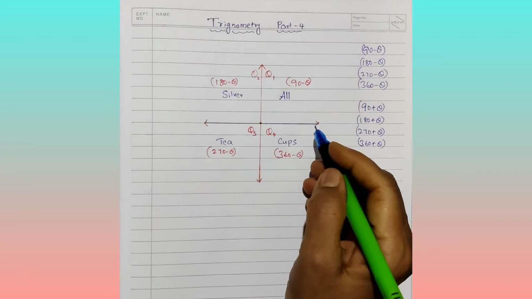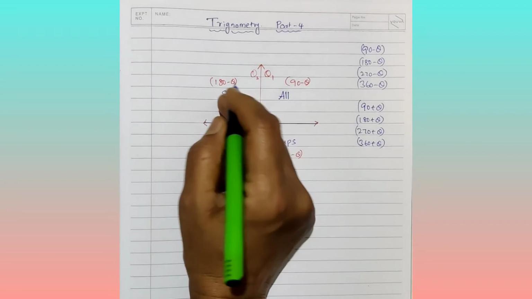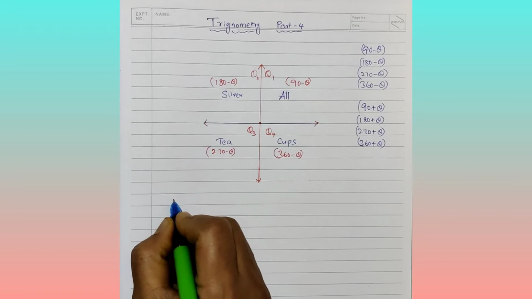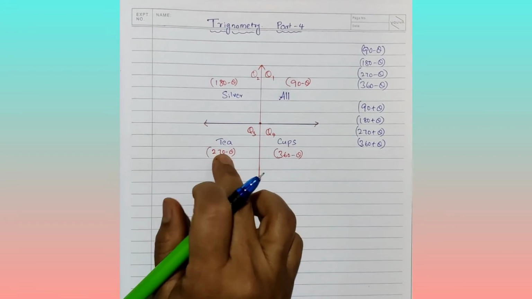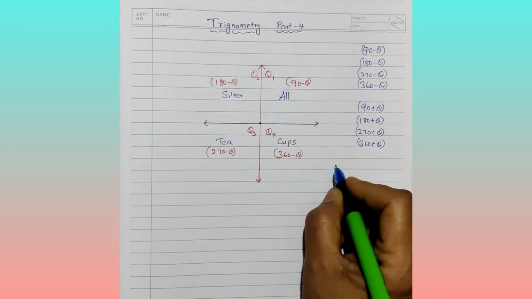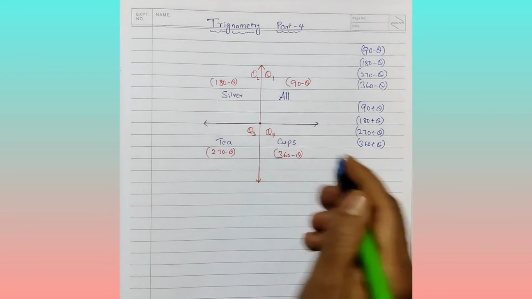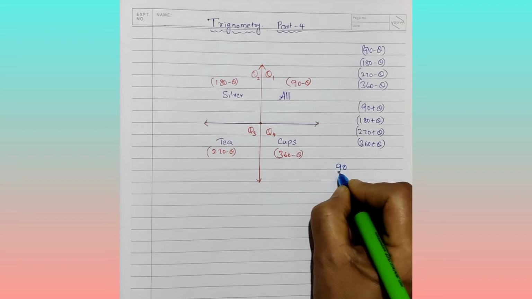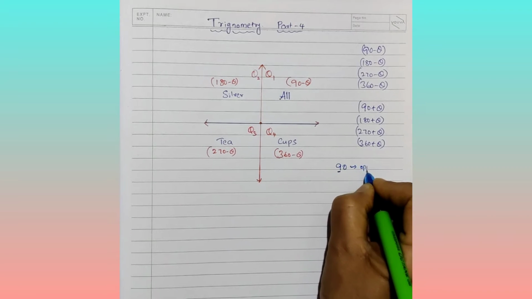As I explained in class 3, video 3, 90 minus theta is complementary. Here I can revise this again. Sin 90 minus theta first, then 180 minus, then 270, then 360. Before that, once again I will revise the shortcut trick which I explained in the third video. In 90, 9 is an odd number, so opposite ratio.